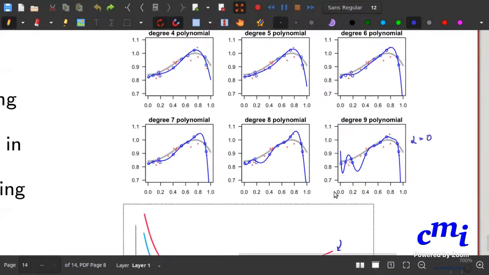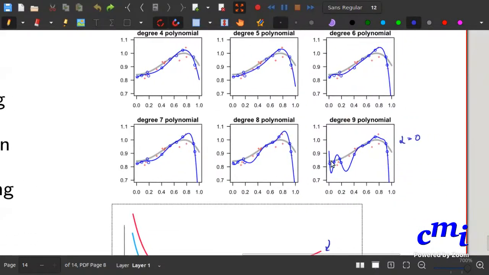And eventually we can try a degree 9 polynomial, which it turns out will actually hit all of these points, right? There are essentially 10 points here. So if you try a degree 9 polynomial, you can basically make it fit through all of these points, right?